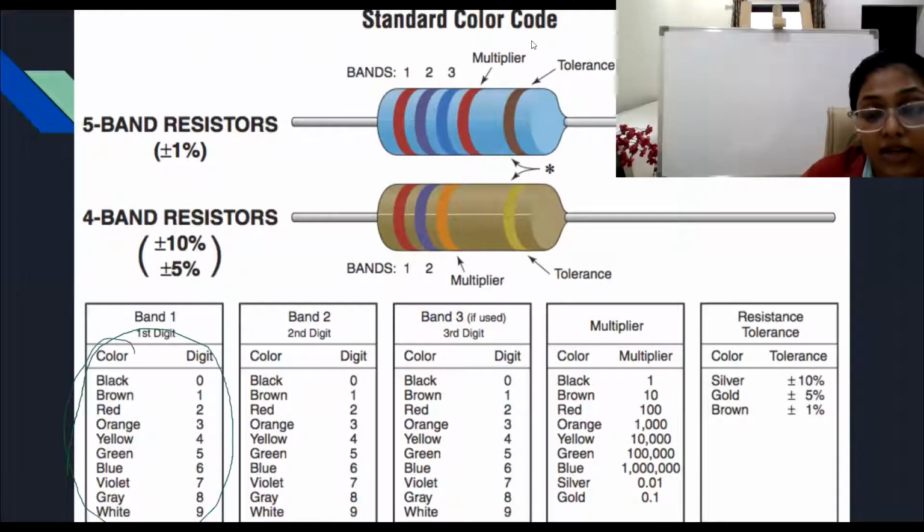Now how do I study? How do I remember the color codes? So you can have a small sentence. You just have to remember that. Now you have to remember the first letters. I'm taking all the first letters of this list. So how can I make a sentence?